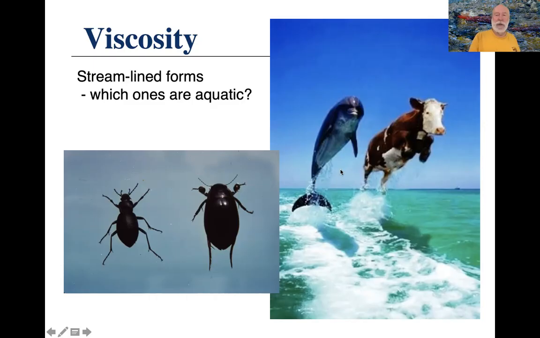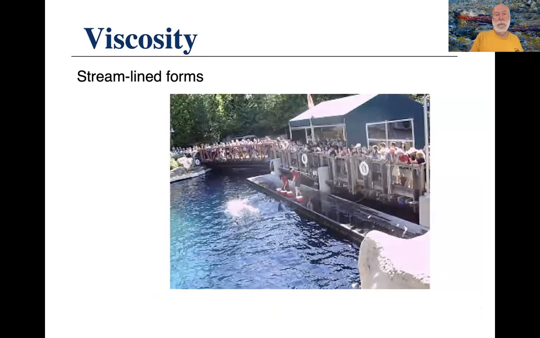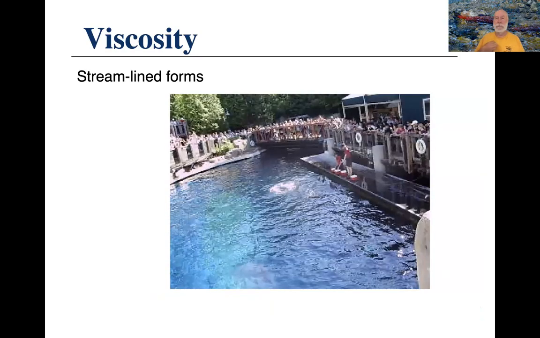So here we've got a dolphin or a porpoise of some sort next to a cow. It's easy to recognize that the porpoise is well adapted for movement through water. And the importance of this streamlined form is to overcome some of the implications of viscosity, to move more readily through the water.